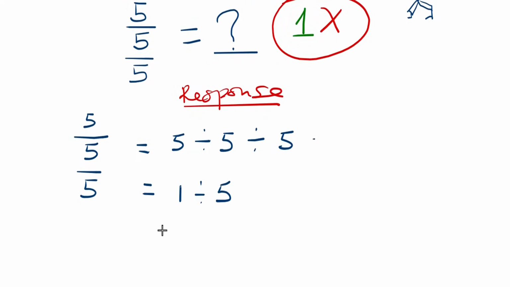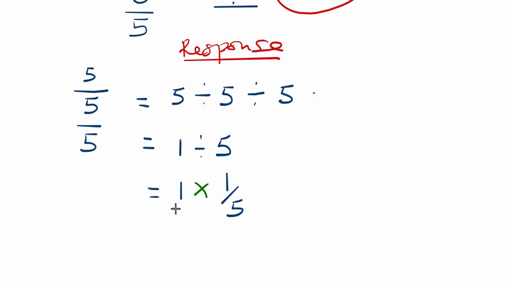As we continue simplifying, we are having our 1. Since this is a division sign, we now change it to a multiplication sign, and after turning it to a multiplication sign, we get the reciprocal of 5, which is 1 divided by 5.